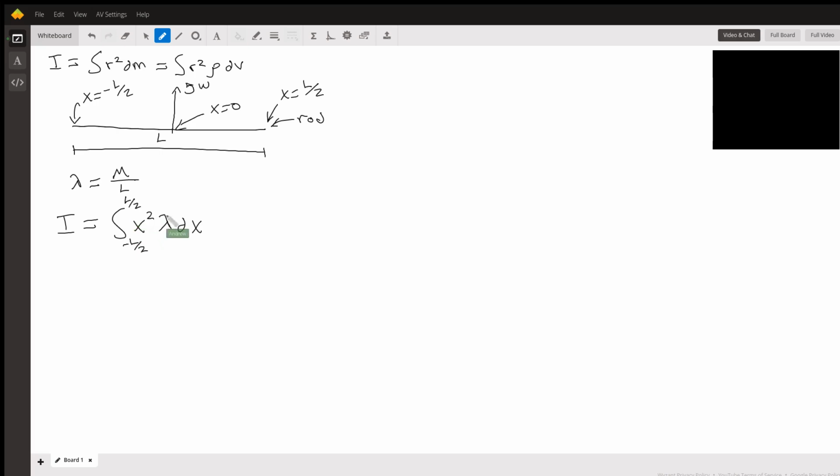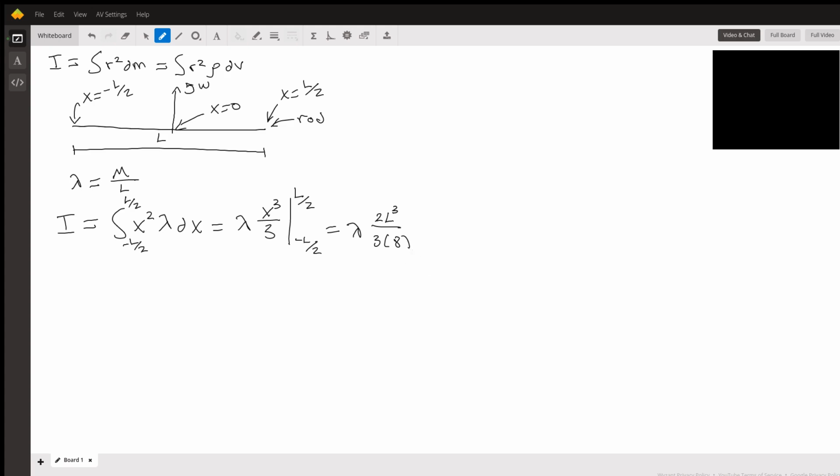Now, doing this, we get lambda x to the third over 3, evaluated from negative L over 2 to L over 2, and now this will come out to be lambda times 2L to the third over 3 times 8.